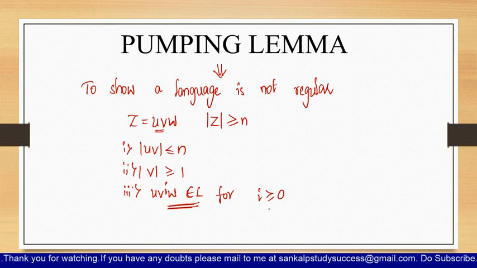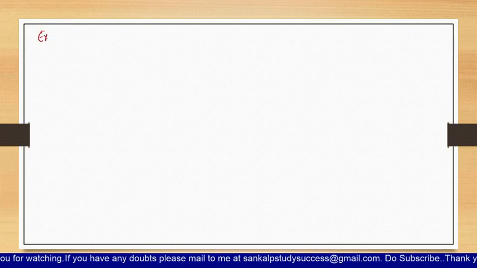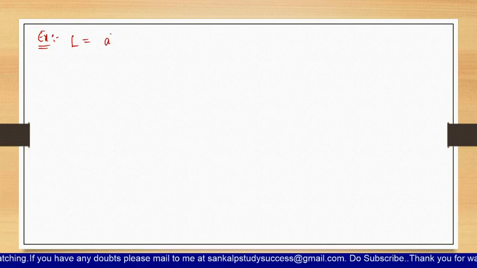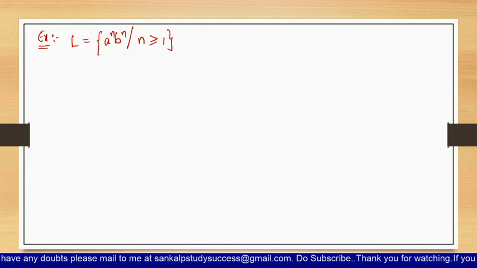So now let us take one example. Let us consider a language L equals a power n b power n such that n is greater than or equal to 1. So what will be the strings generated from this language?